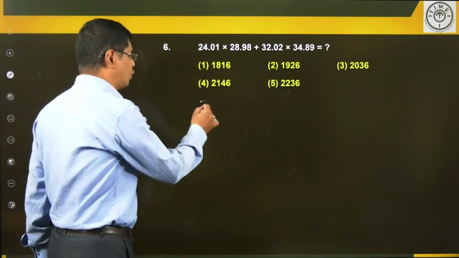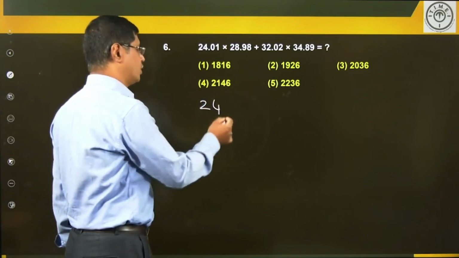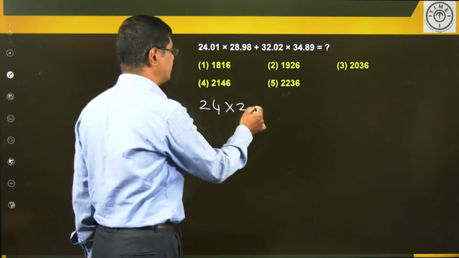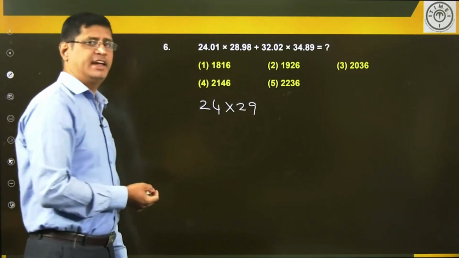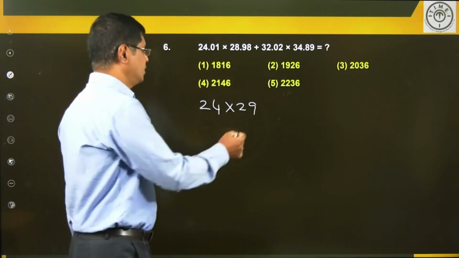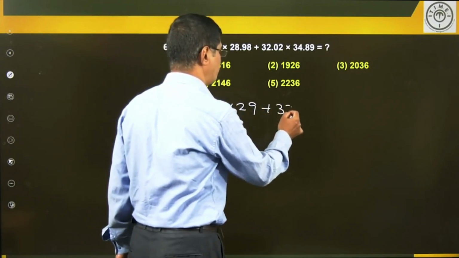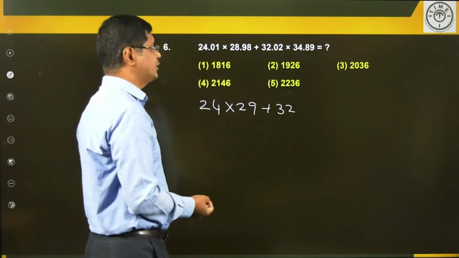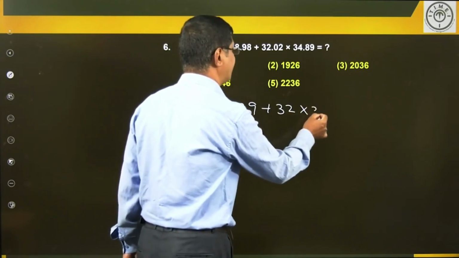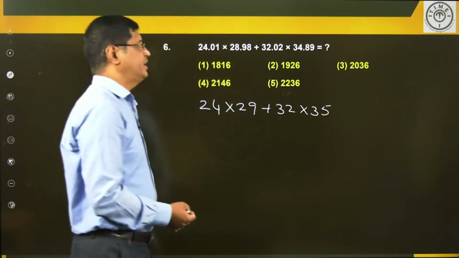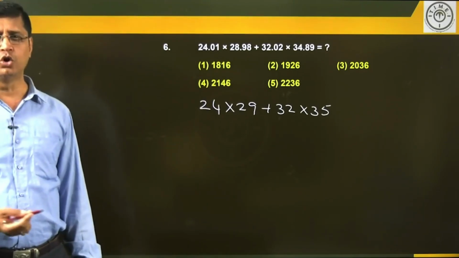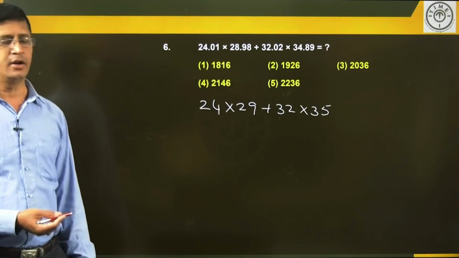Next, 24.01 means 24 approximately. The next one is 29. 28.98 means it is approximately 29, plus 32.02, approximately 32, into 35. So 34.89 which is close to 35 approximately.